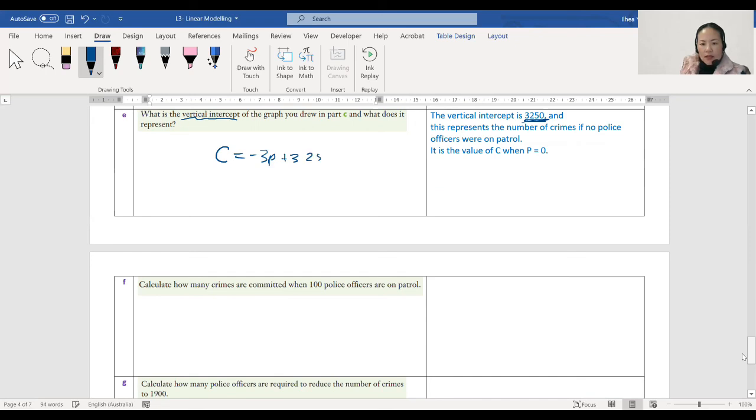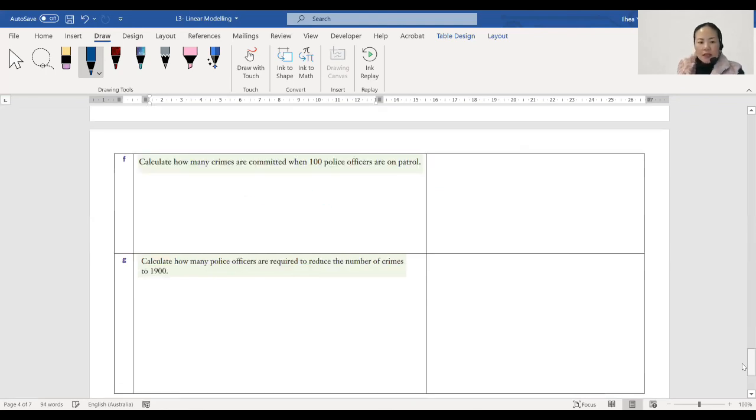That is our vertical intercept. This represents the number of crimes if no police officers were on patrol. So when P equals 0, crime is 3,250. So that's like a baseline.